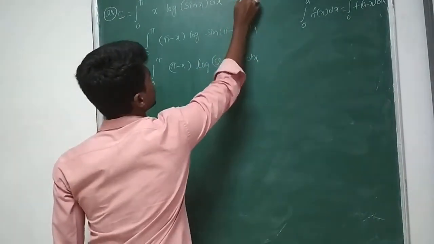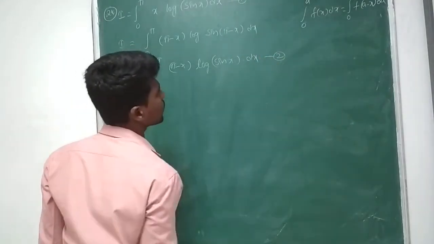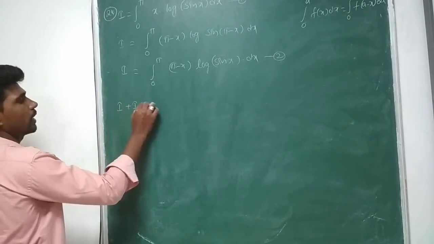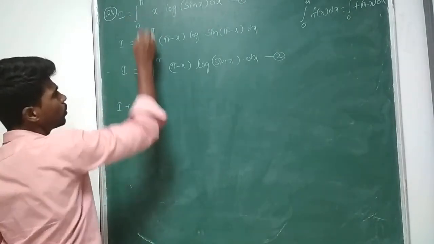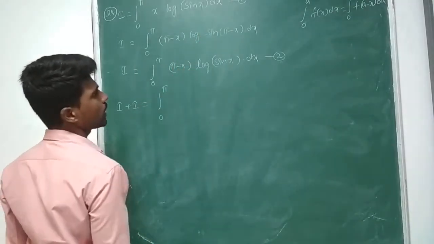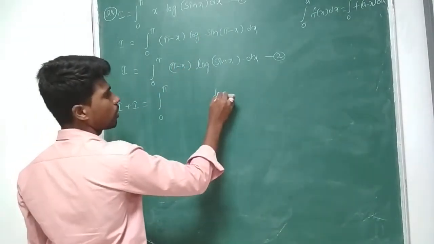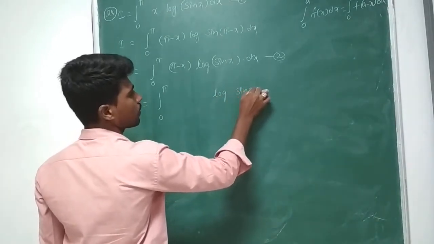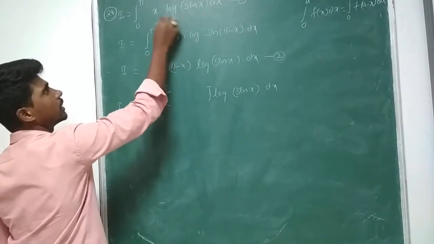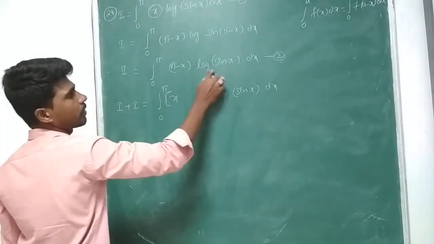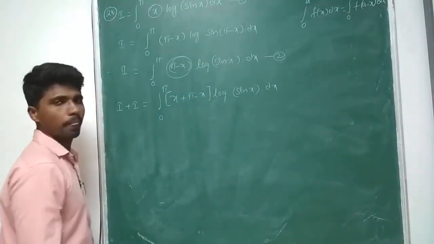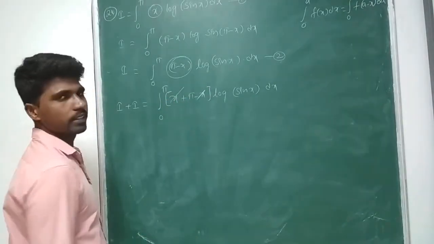So it's given as equation 1, and if I consider this as equation 2, add 1 and 2. So I get I plus I is equal to, both are the same integrals, so I get 0 to pi, and both have log sin x dx common. So I take log sin x dx common, and the first integral contains x, the second integral contains pi minus x, plus x minus x gets cancelled.